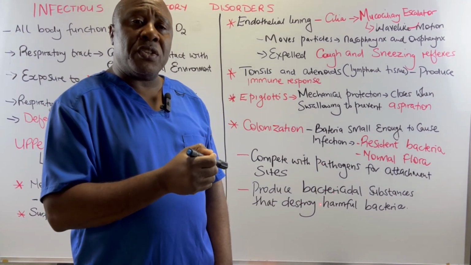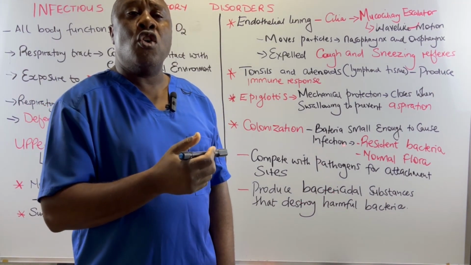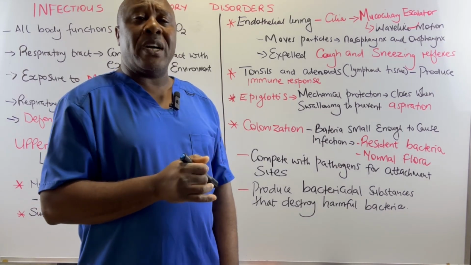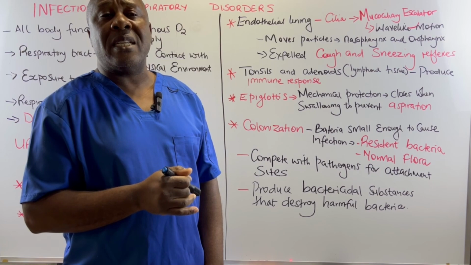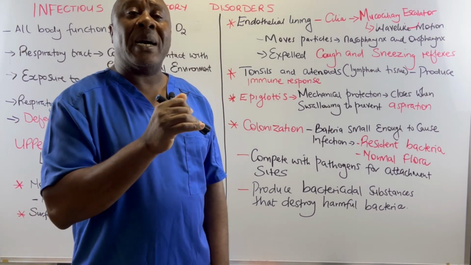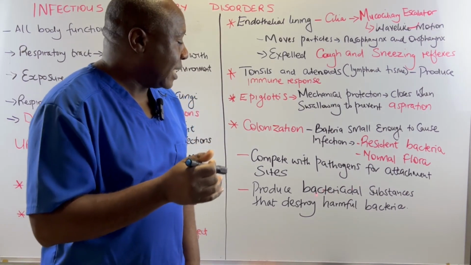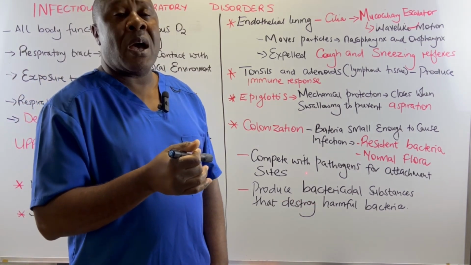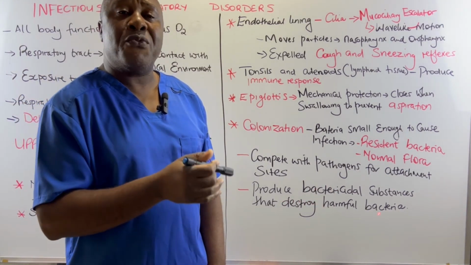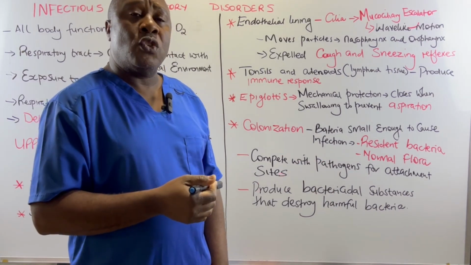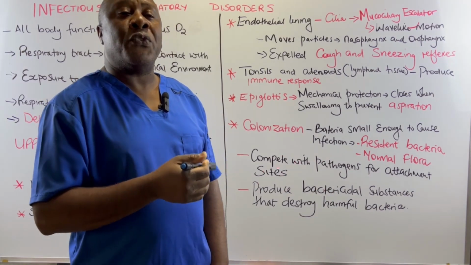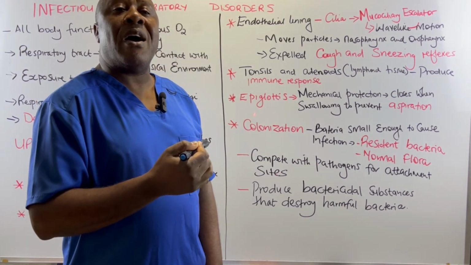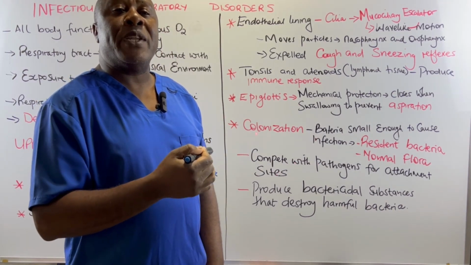So colonization is where we have resident or normal flora in the upper respiratory tract competing for attachment sites with the harmful bacteria and also producing bactericidal substances which destroy the harmful bacteria that tend to come and cause an infection. So those are the protective mechanisms which are found in the upper respiratory system.